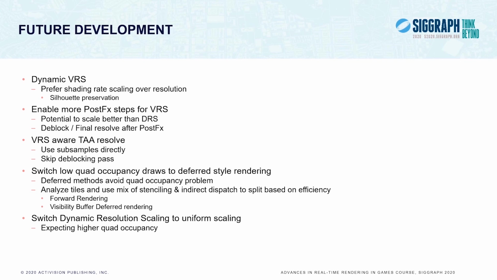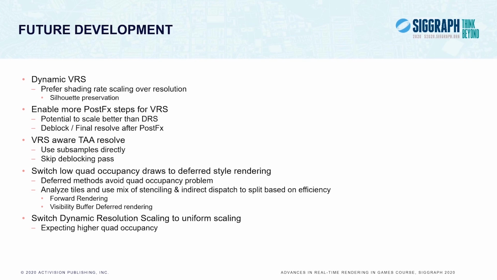Another big thing that we're working on is making our temporal anti-aliasing resolve aware of VRS. This way, our TAA would be able to use subsamples from VRS directly, and we could skip the whole deblocking pass. This has a very high potential for yielding very good results, better than we have right now in terms of image quality, and actually be faster.